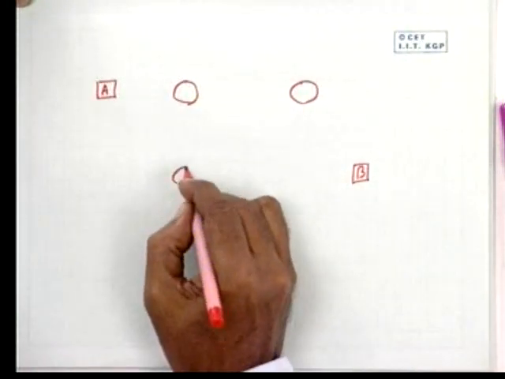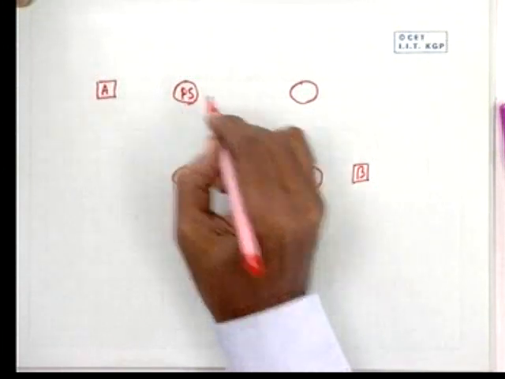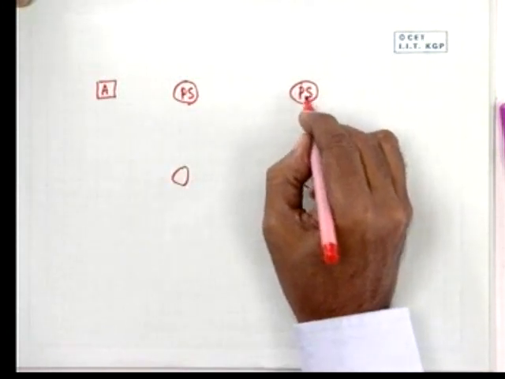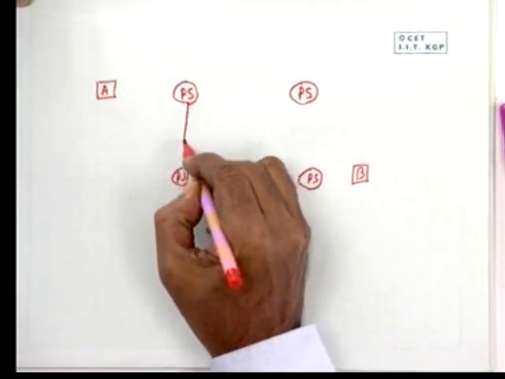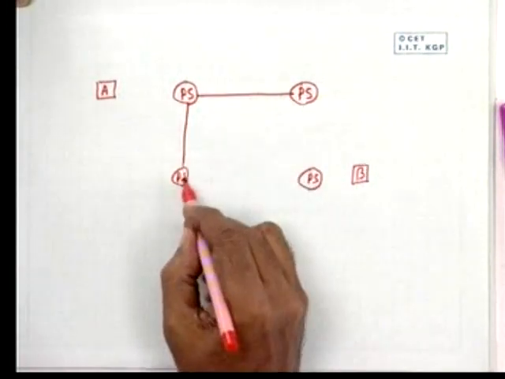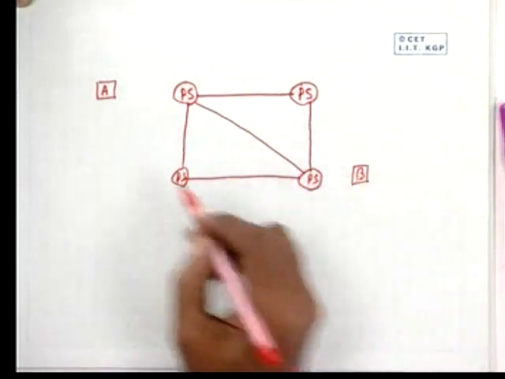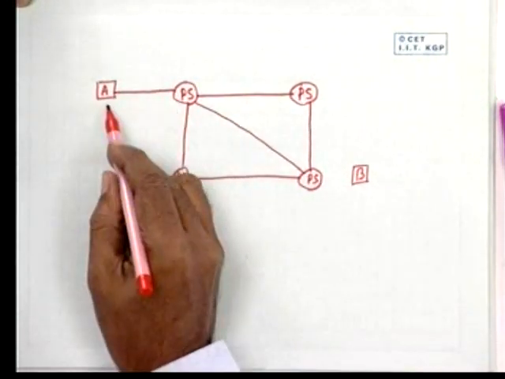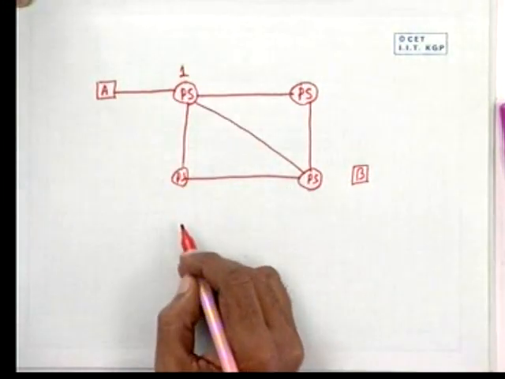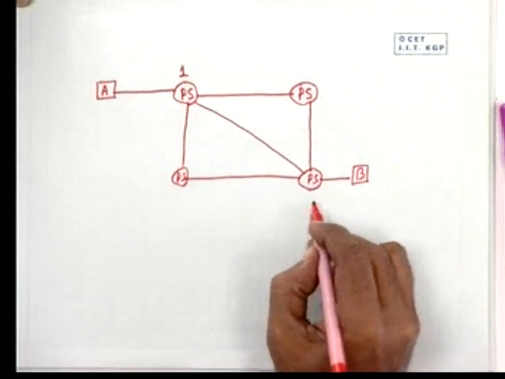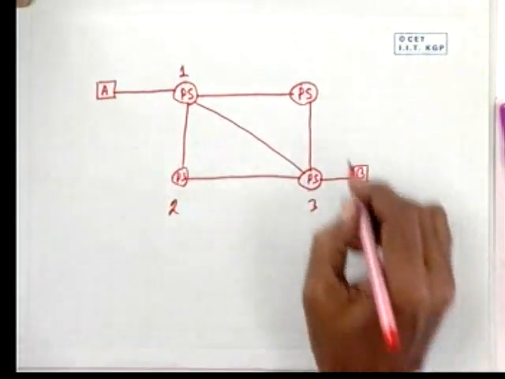In this case, each of these nodes is a packet switching node, PS, and they are interconnected in some form. So station A is connected to packet switch 1, station B is connected to packet switch, let's assume this is 2 and 3, and this is 4.